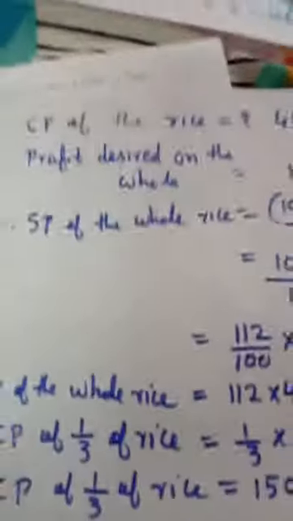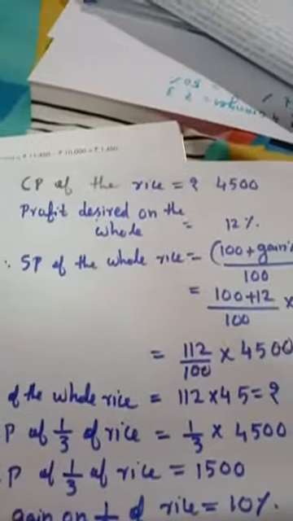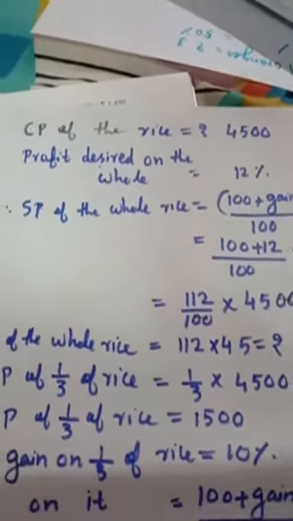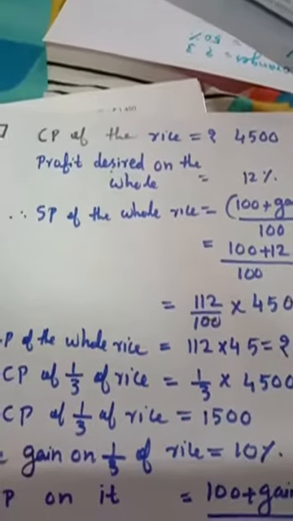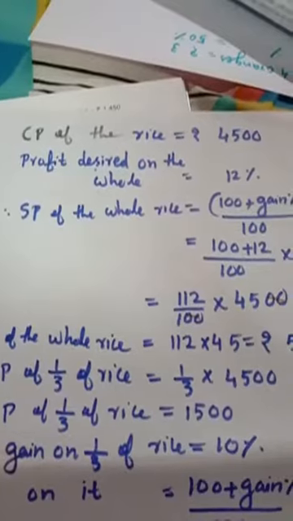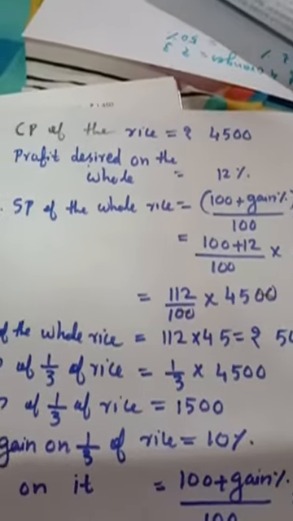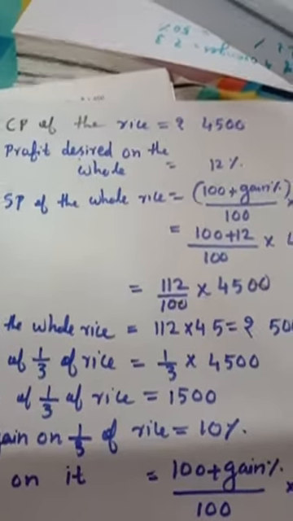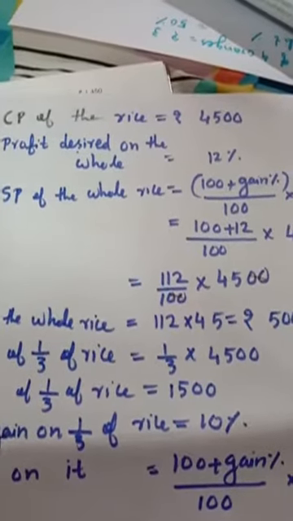Okay, for that first we have to write CP of the whole rice is equal to rupees 4,500. Now the profit he decides on the whole rice, what is it? 12%. So what should be the SP of the whole rice?